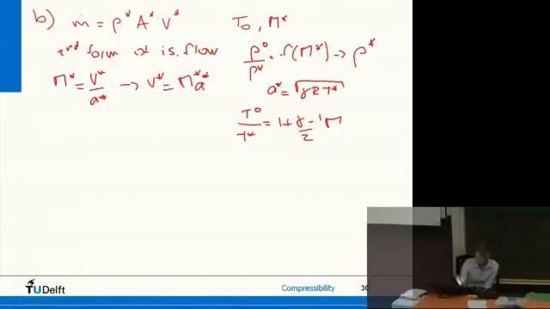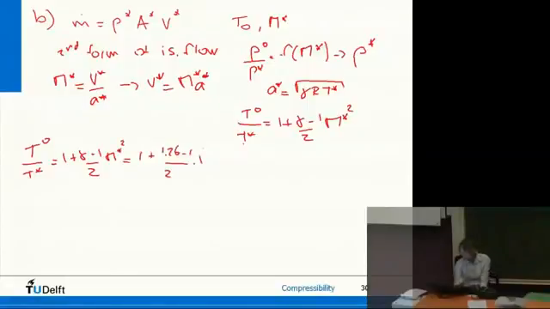Okay, so let's start here. So T0 over T star is equal to 1 plus gamma minus 1 over 2 M star squared. M star is 1 in the throat. Gamma is still 1.26, so times 1 squared. So that gives us 1.13.